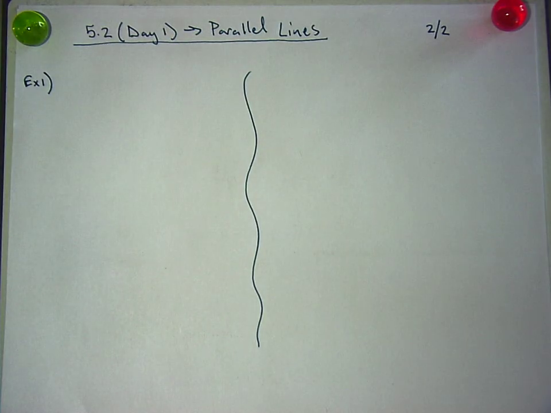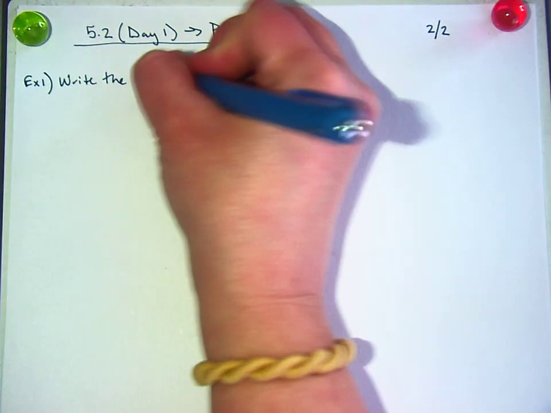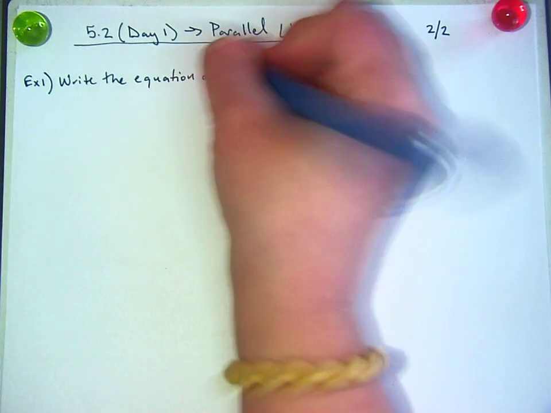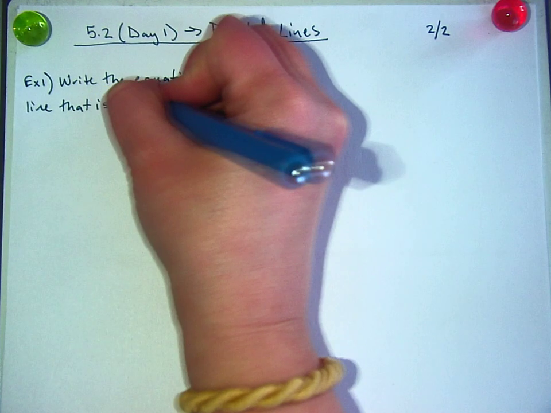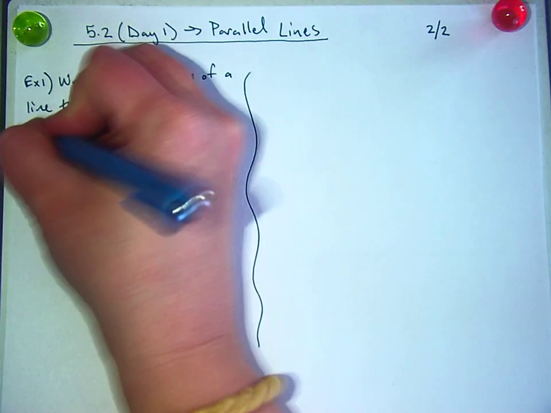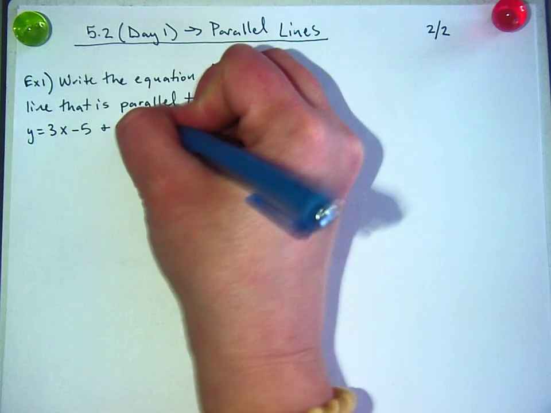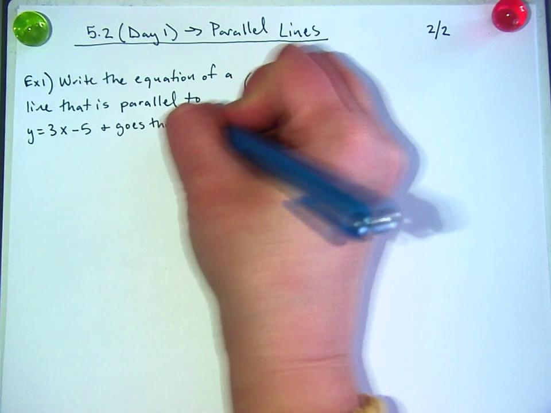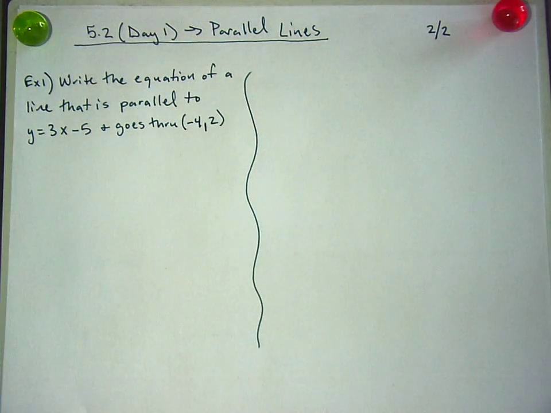Write the equation of a line that is parallel to y equals 3x minus 5 and goes through -4, 2.